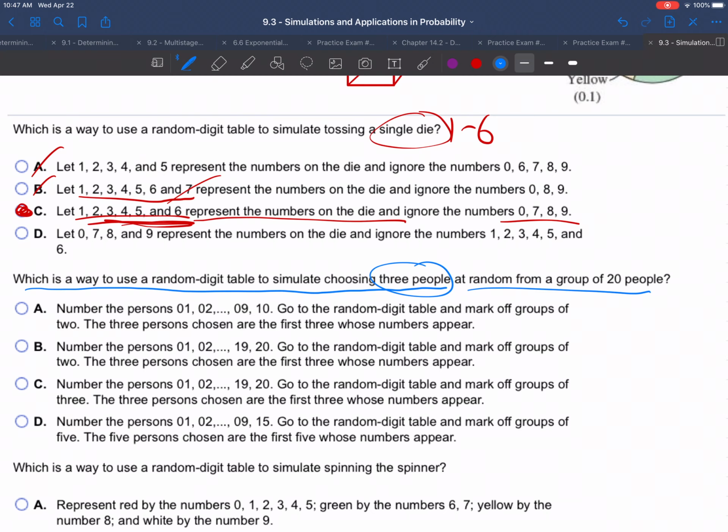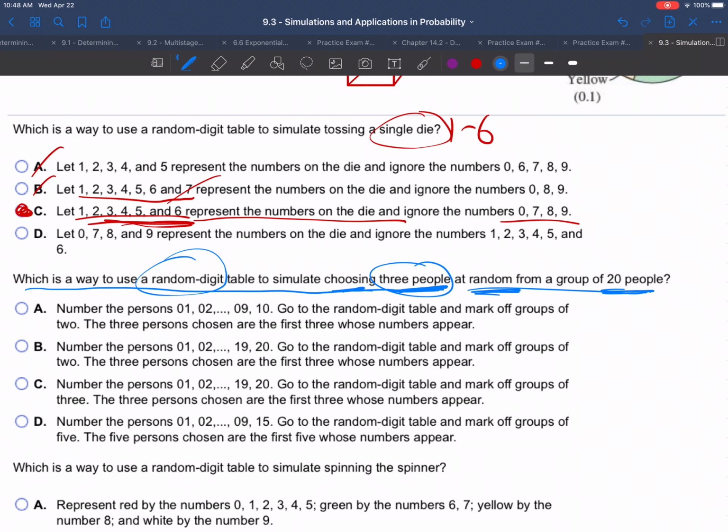We simulate a real life situation with a random digit table, which means a big table of a bunch of digits. So how can you simulate a real life situation of choosing 3 people at random from a group of 20 people? You have 20 people. What could you do?